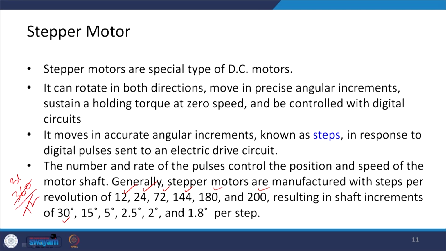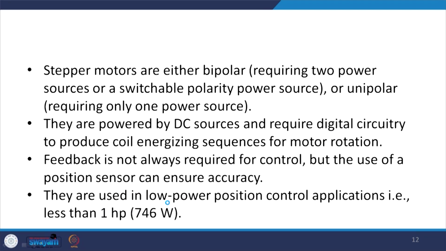So, this is your 30 degrees. So, 30 degrees, 15 degrees corresponding to this, 5 degrees corresponding to 72 steps and so on. Stepper motors are either bipolar, that is they require two power sources or a switchable polarity power source, or they are unipolar requiring only one power source.